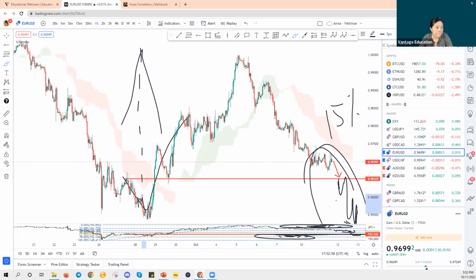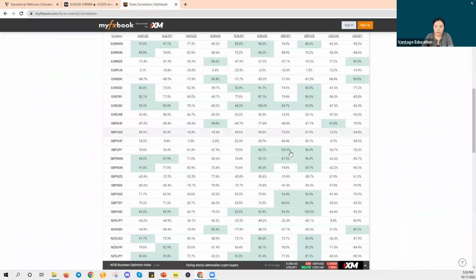Okay, you're welcome. Hey, I've come to the end of today's session. I hope you guys have learned as much as I did. It's quite a simple and relatively easy topic to understand. You just need to find whichever pairs you actually trade most, which are the correlated ones, and then you can find out patterns between the both of them.